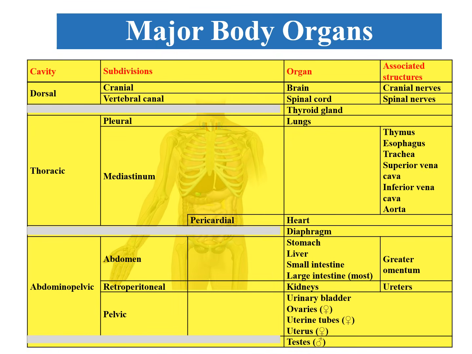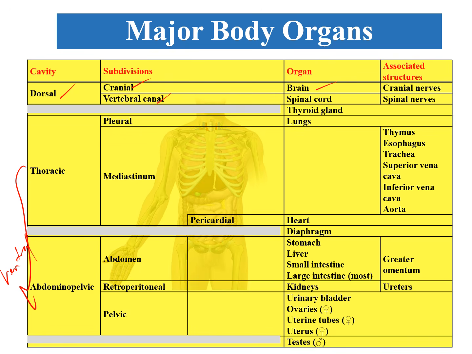This table is showing the different cavities that I've talked about, their subdivisions, the organs, as well as the associated structures. Remember, I mentioned that we have the dorsal cavity and we have the ventral cavity. The dorsal cavity was further divided into the cranial cavity and the vertebral cavity.